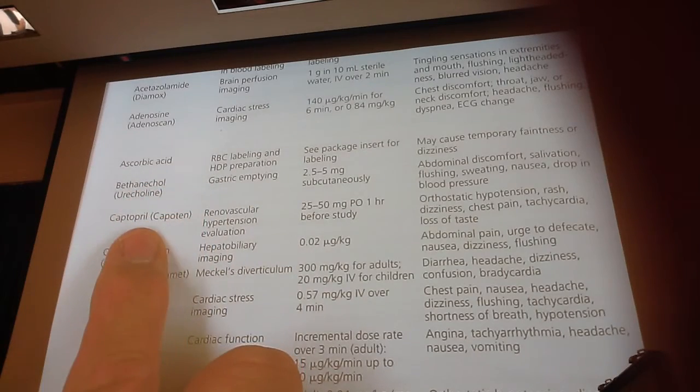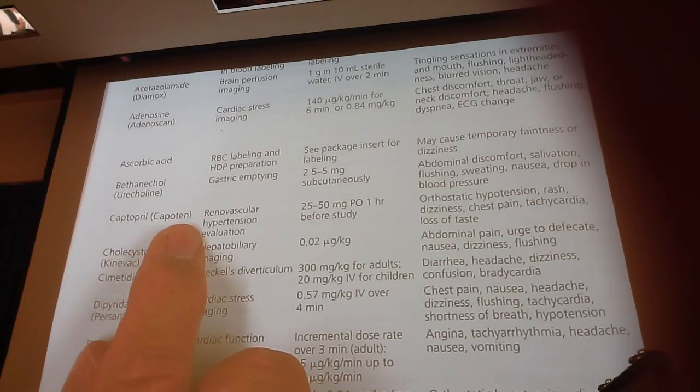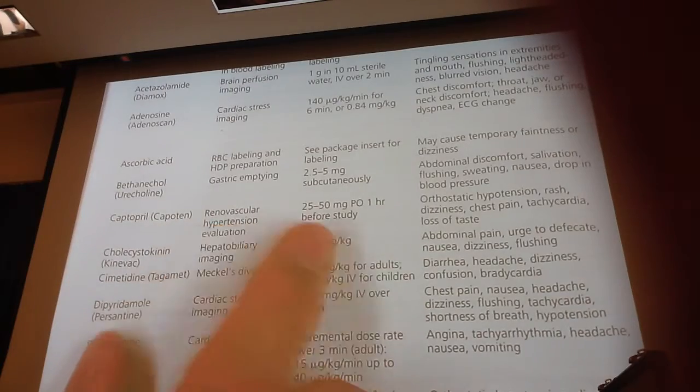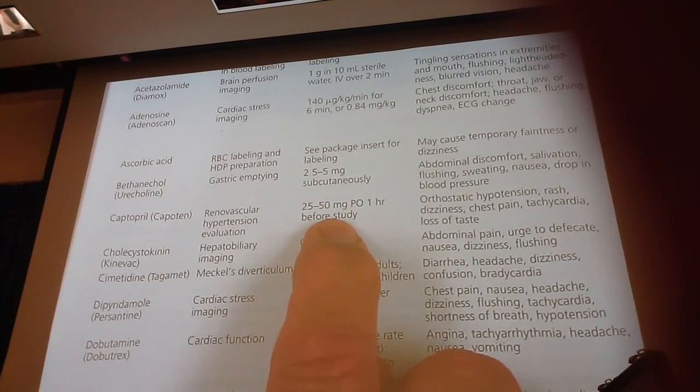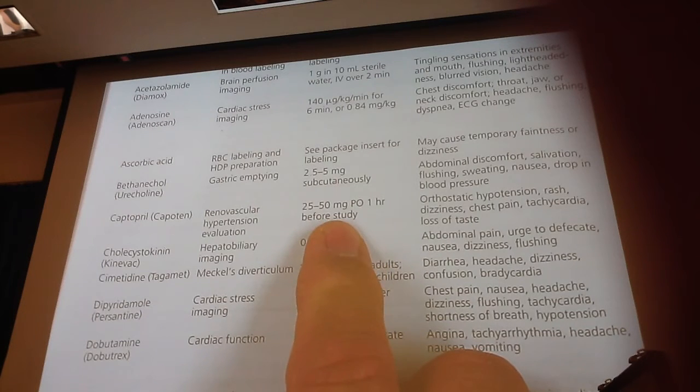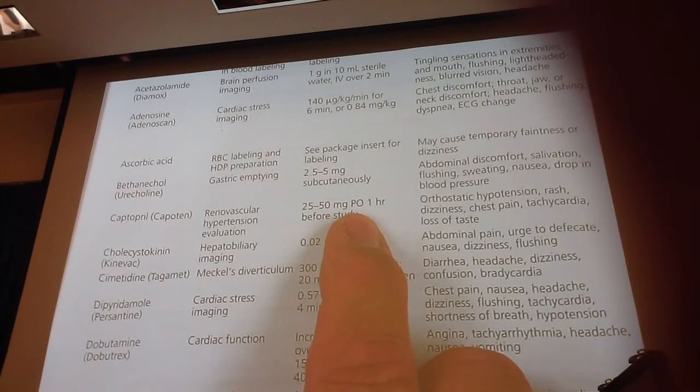So if we do a study with captopril, does anybody know what we're looking for? I know we're going to be talking about this in depth when we get into the renal system. Normally, if you give captopril, the blood pressure is supposed to drop, and that's going to lower GFR.